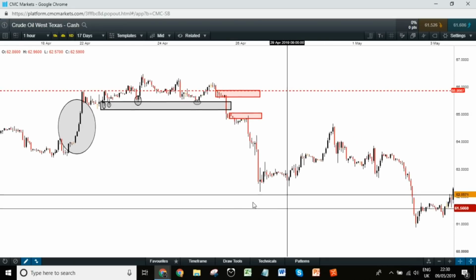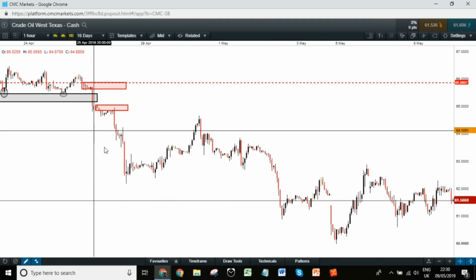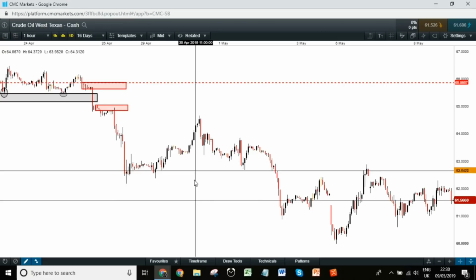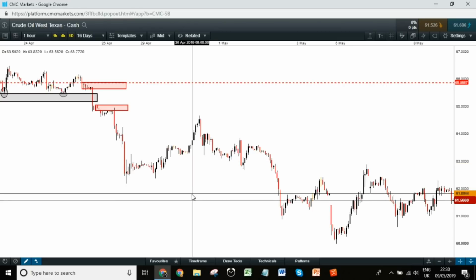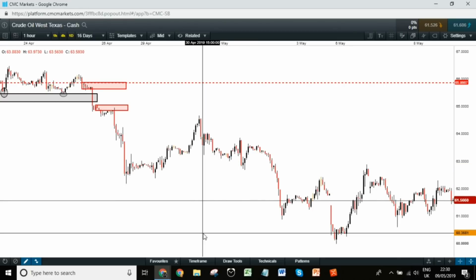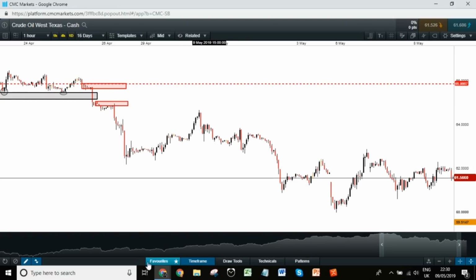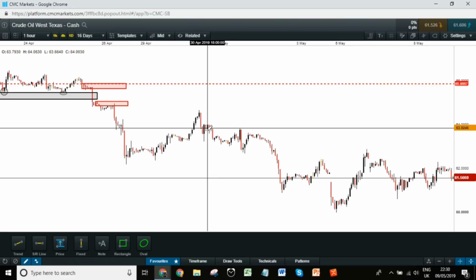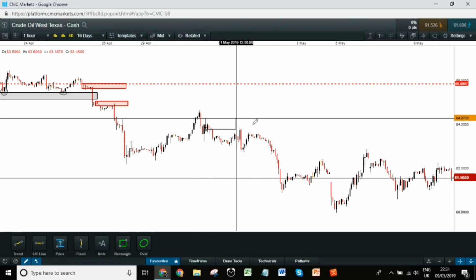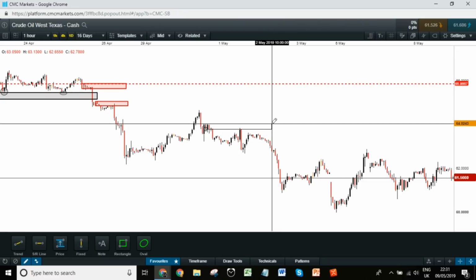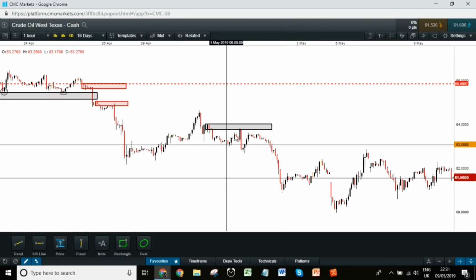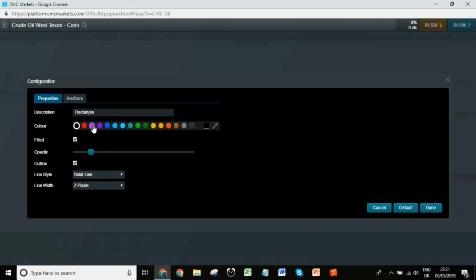So, as we can see here, the market continued to drop. Are there other opportunities? Seems so, right? And the market is moving the way it is. We've got another opportunity over here. Let's just put that in red for you.